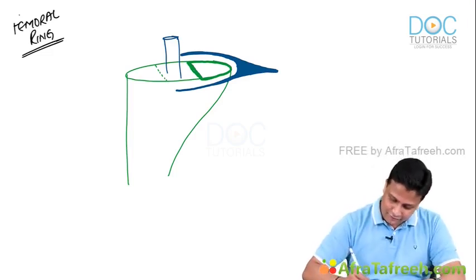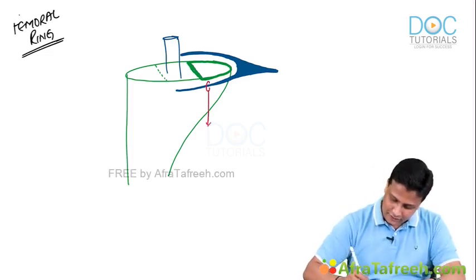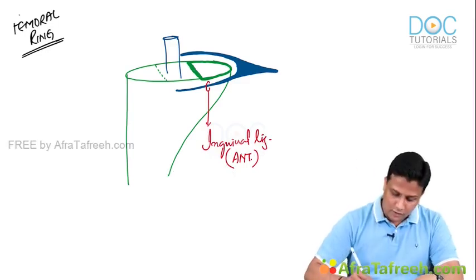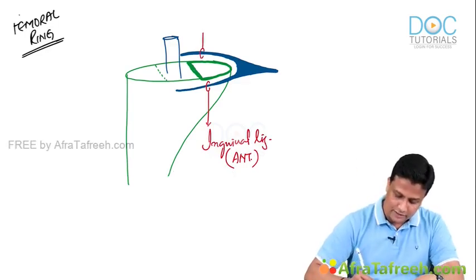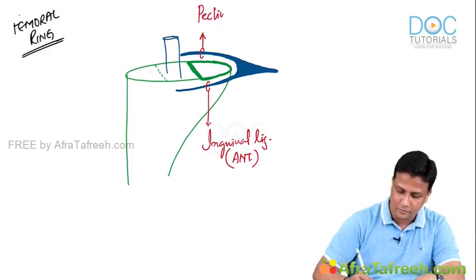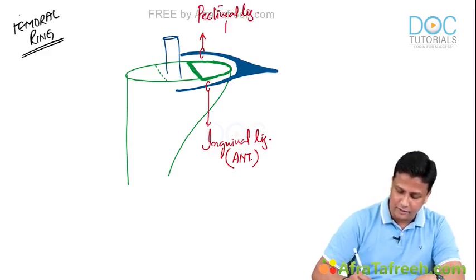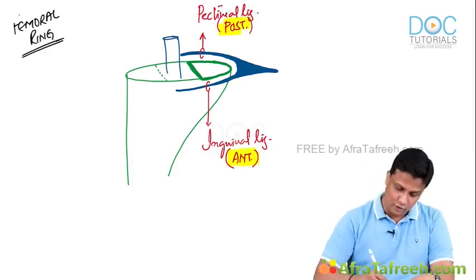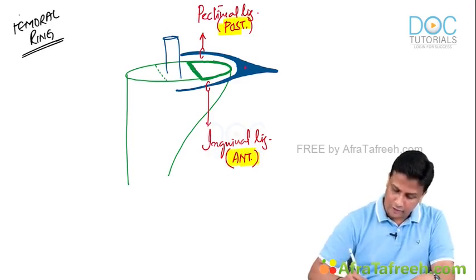Now, what do you have in front of the femoral ring here? What is this ligament? Inguinal ligament. That is going to form the anterior boundary. Perfect. What is present behind here? That is the extension of the inguinal ligament only. That is the pectineal ligament. And the pectineal ligament is the one which is going to form the posterior boundary. Then what is this extension of the inguinal ligament towards the medial side?